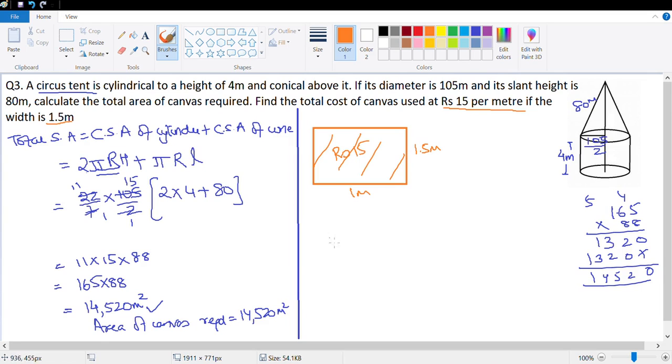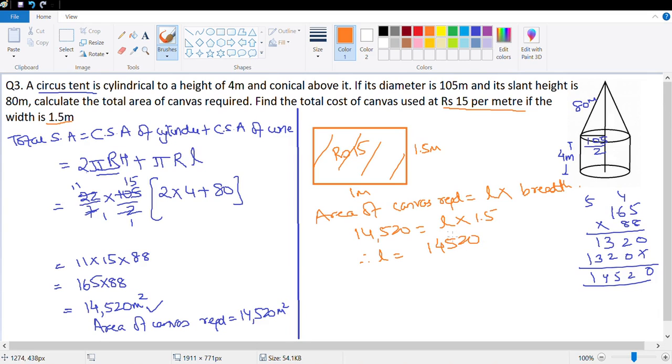So area of canvas required will be equal to length of canvas required multiplied with breadth or the width of canvas required. So 14,520 would be equal to length into breadth, in this case 1.5.